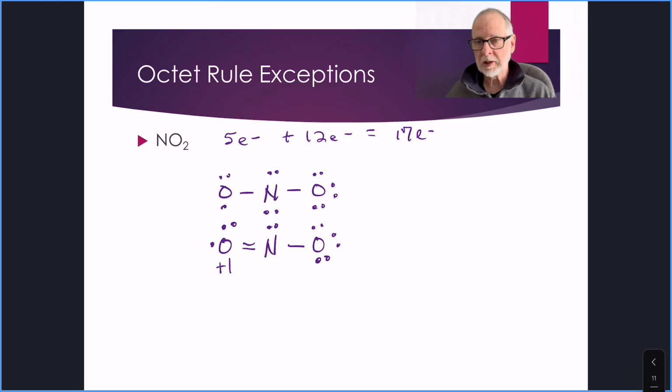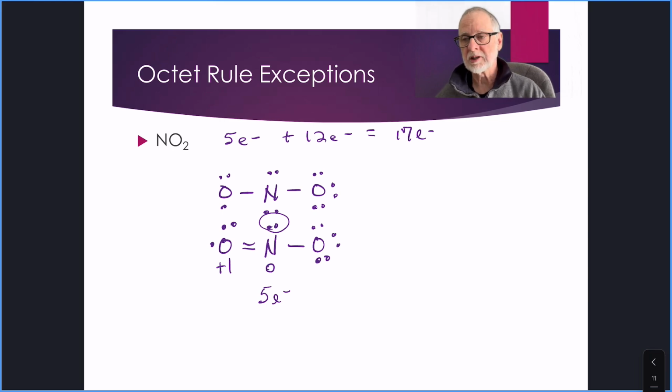We'll do the same thing on the nitrogen. Remember, the nitrogen has 5 valence electrons. All right. And so if we go ahead and count the number of electrons here in the nitrogen atom, there's 2. And then we've got 3 bonds. So we've got 3. We've got a total of 5 electrons there in that nitrogen. And that means that we're happy here because nitrogen has a formal charge of 0, and then this one is going to have a formal charge of -1.